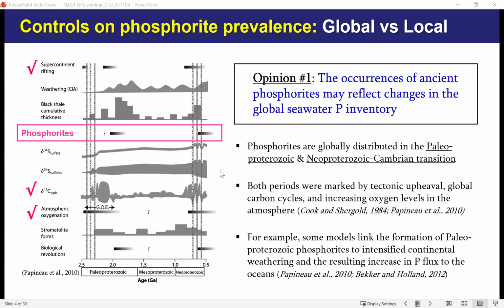However, there's an open debate about the dominant controls on phosphorite prevalence throughout Earth's history. One school of thought argued that phosphate occurrences reflect changes in global seawater nutrient inventory. The reason is phosphorites are globally distributed into notable intervals, the Paleoproterozoic and the Neoproterozoic-Cambrian transition.